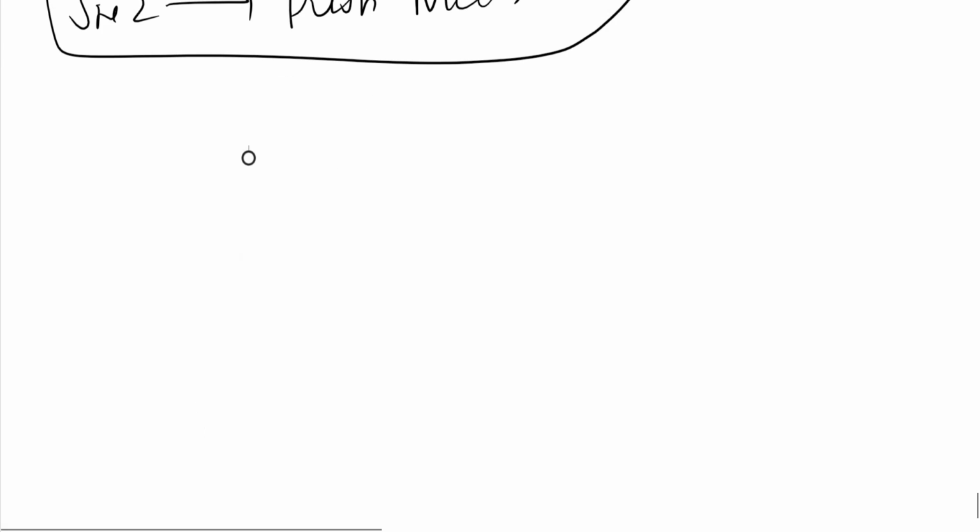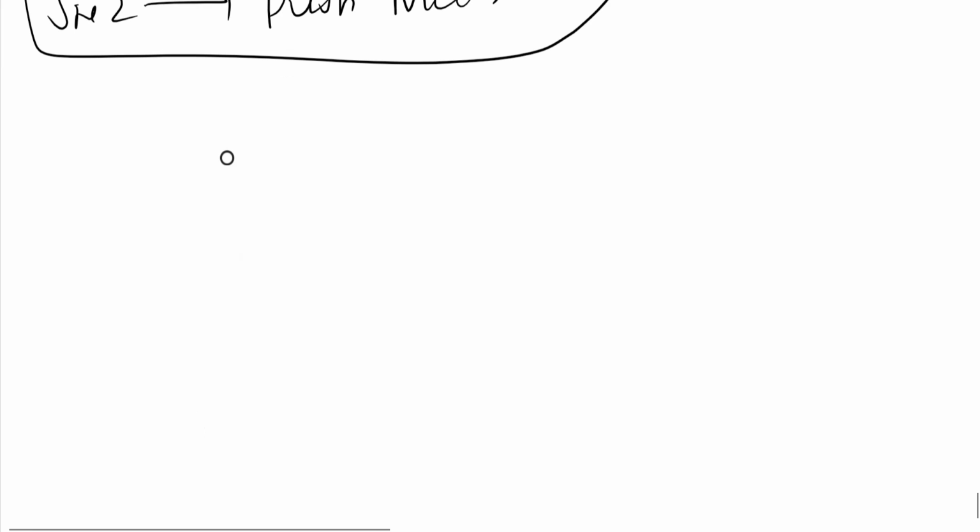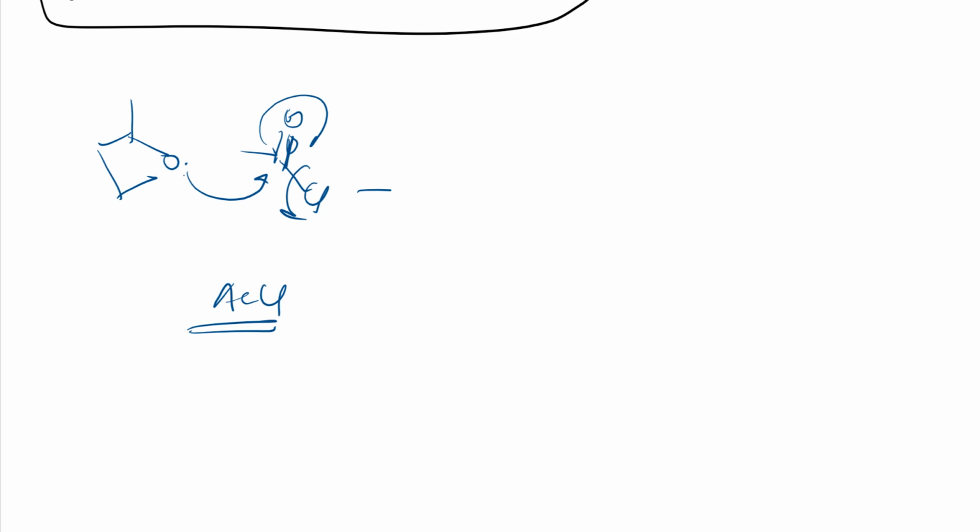So next let us see one more reaction. Same thing, electrophilic ring opening reaction only. The same oxetane I am going to take. Here methyl is there, but here I am going to add this electrophile. What is this? Acetyl chloride, AcCl I can call, right? CH3COCl is nothing but acetyl chloride. So here the lone pair comes like this. Chlorine is a good leaving group, it leaves the system.